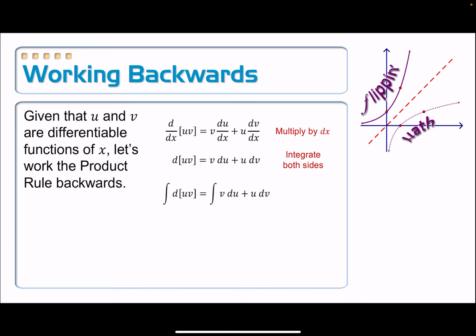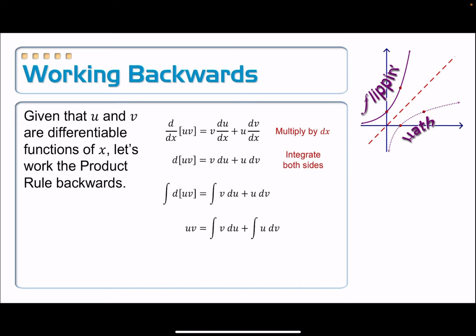On the left-hand side, you have the antiderivative of a derivative. Those two operations cancel each other out, and this just gives us uv, the product of the two functions we were originally talking about. Over on the right-hand side, I'm going to take the antiderivative of both pieces separately. So I have uv equal to the antiderivative of v du plus the antiderivative of u dv.